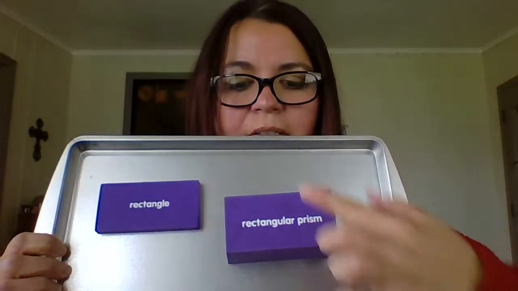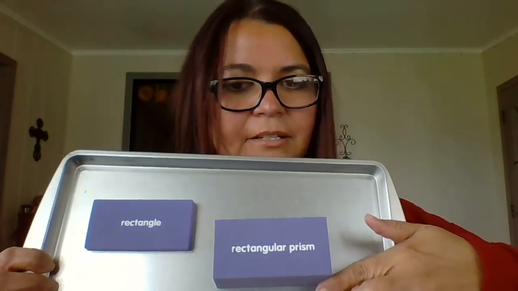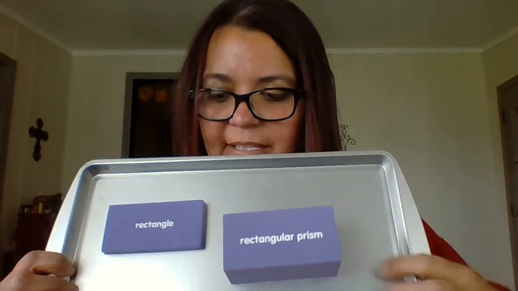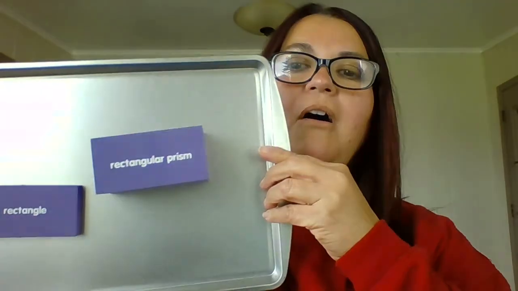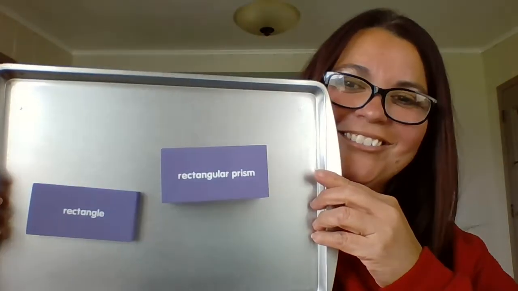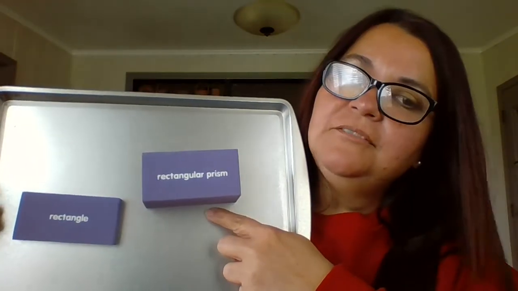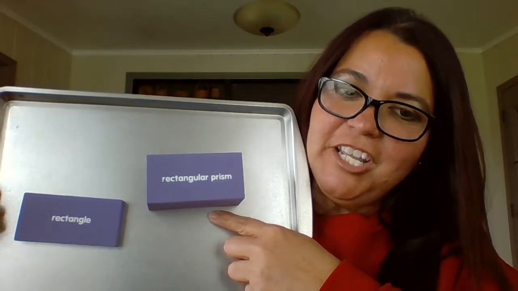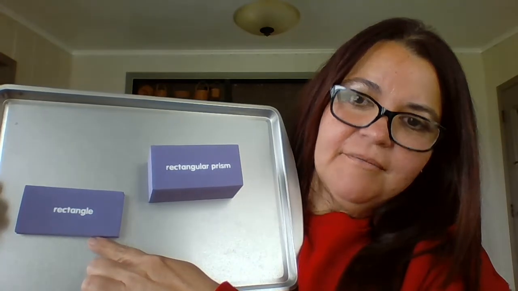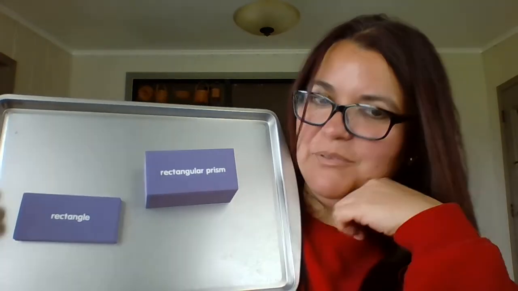It's like my rectangle. 2 long and 2 short sides. So I could put this right there, rectangle. But I put some hot air in it and turned it into a, what's this called? A 3D shape. What's this one called? 2D shape. All right, boys and girls.